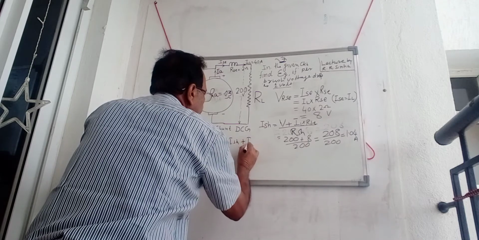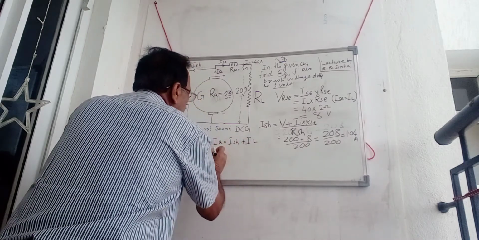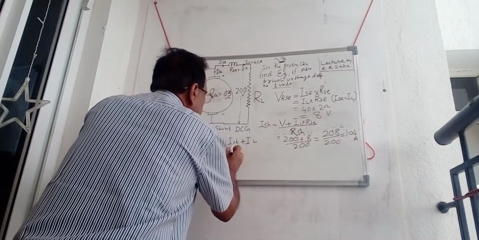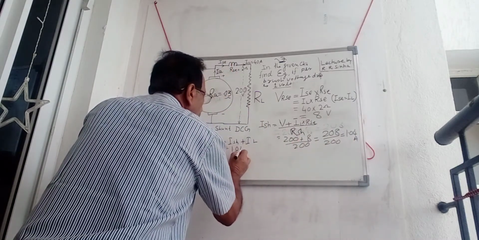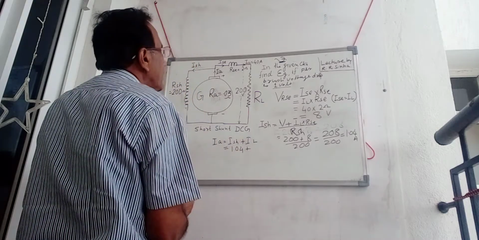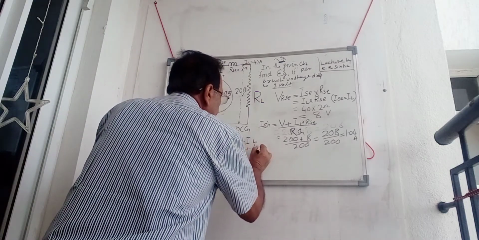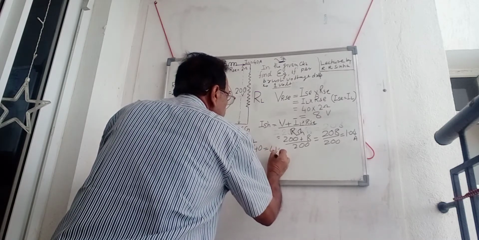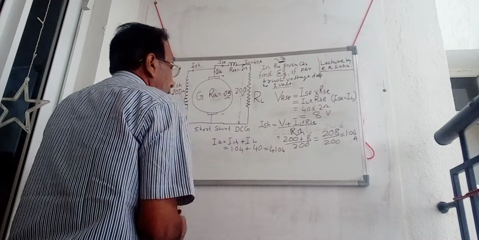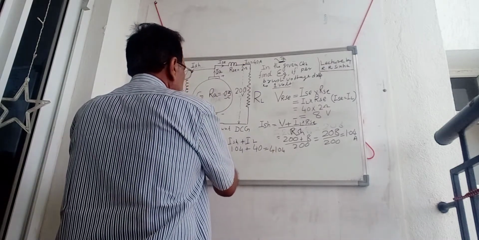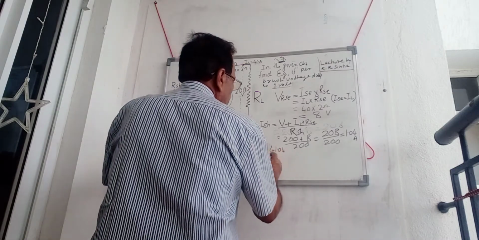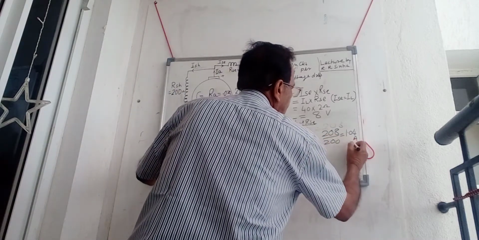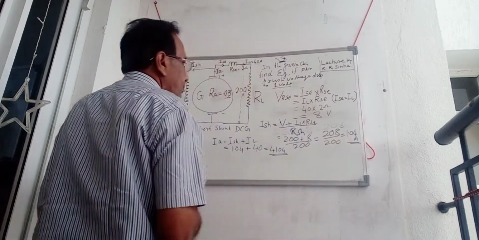ISH is 1.04 plus IL is 40. This is equal to 41.04. Armature current IA is 41.04 ampere. Shunt current is 1.04 ampere.